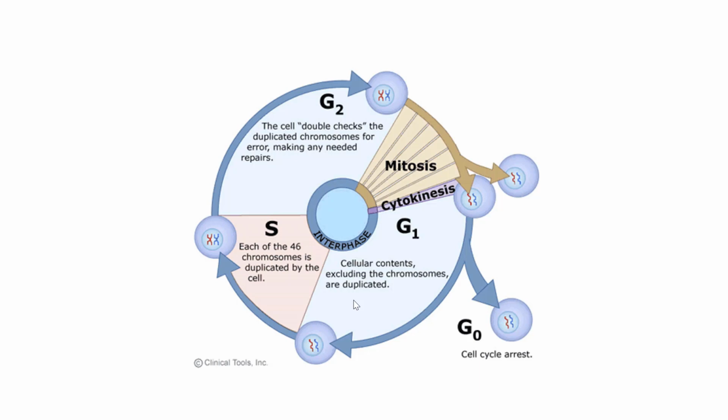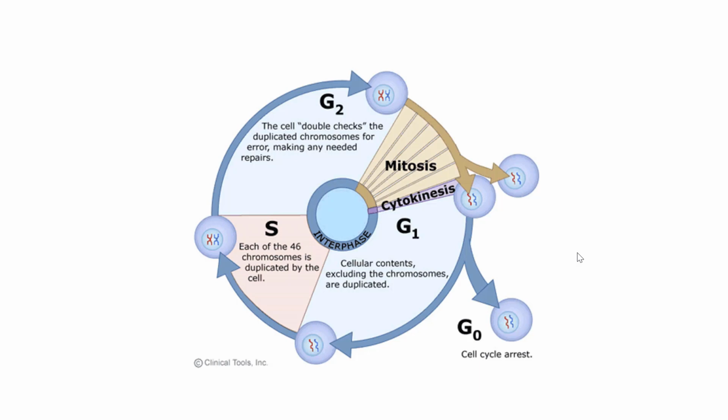One thing I didn't point out on Monday that I'll mention now is that mitosis and cytokinesis are actually two separate processes. So mitosis and meiosis as well are division of the nucleus. Cytokinesis is division of the cell. And so those are technically two separate processes.